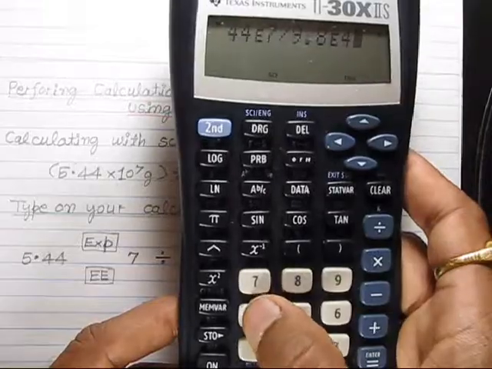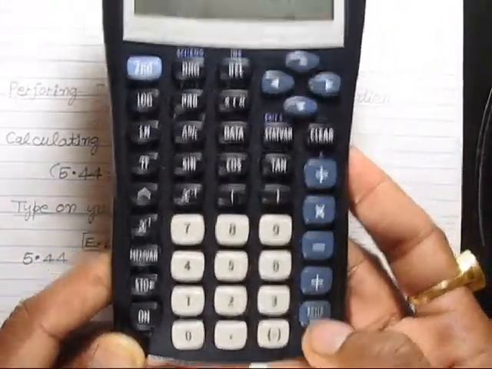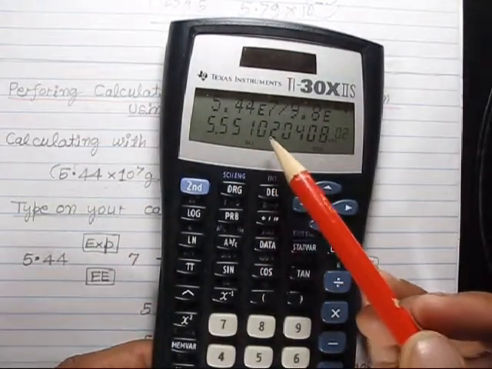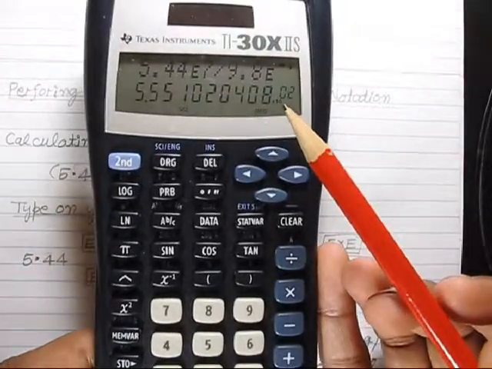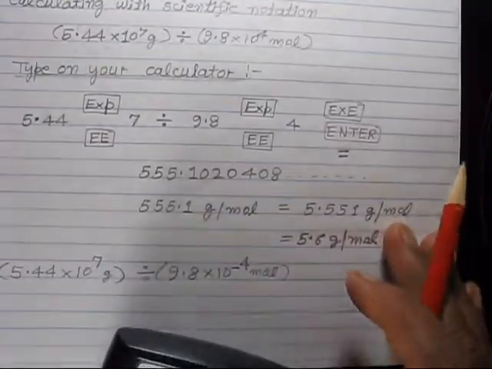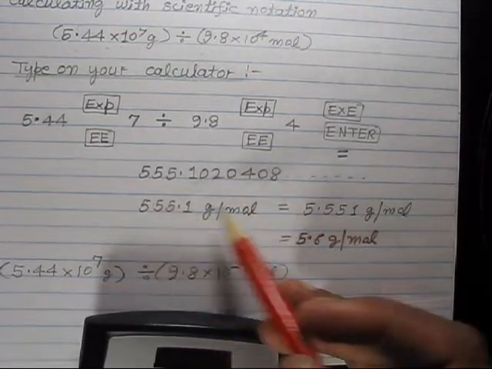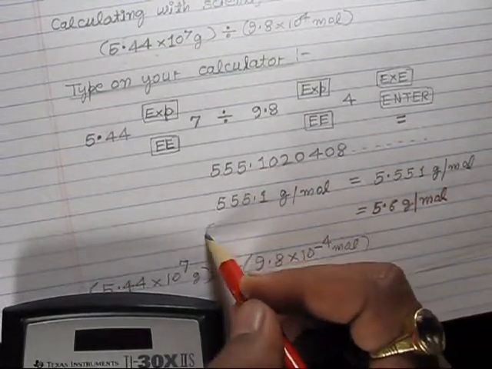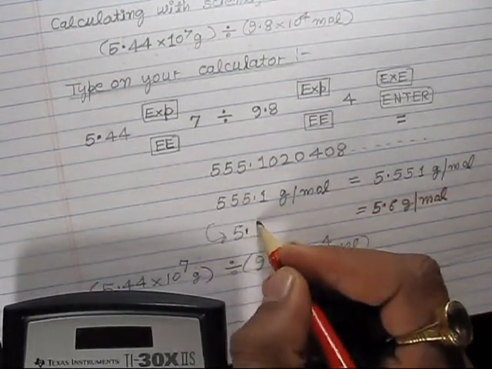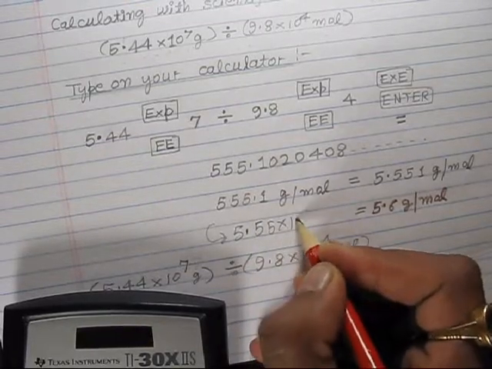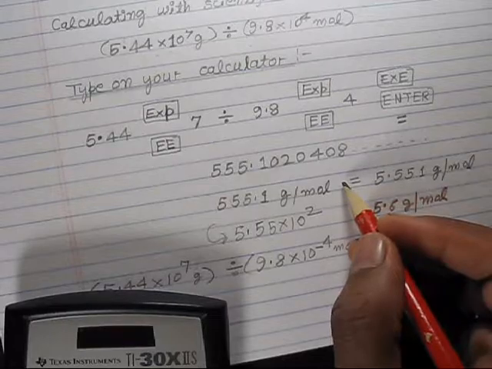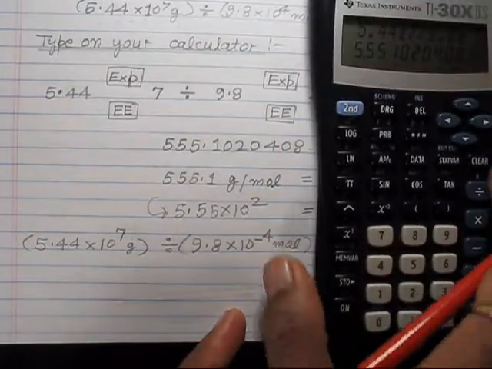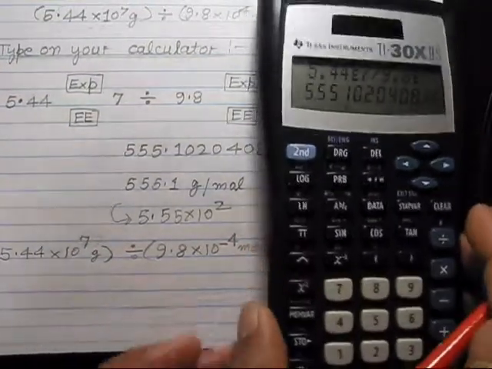So you have to type only 4, and then equals, so the answer will come here. You can see 5.55 and then 10 raised to power 2. So this will be 5.55 times 10 raised to power 2 grams per mole.